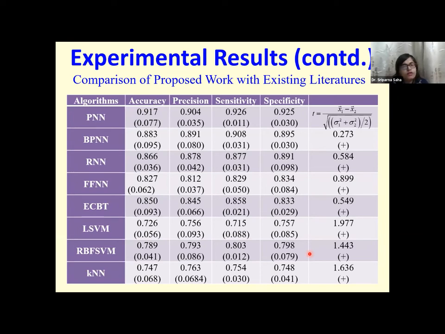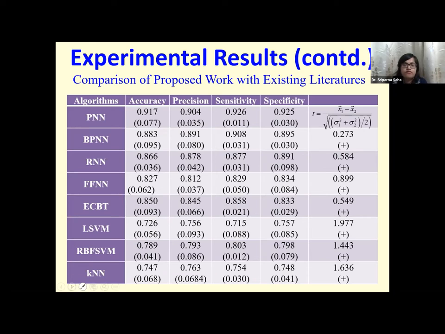So for this particular architecture, the PNN, probabilistic neural network, we have replaced PNN with BPNN, that is back propagation neural network, RNN, recurrent neural network, FFNN, that is feed forward neural network, ECBT, that is ensemble classifier based tree, LSVM, linear SVM, RBF SVM, radial basis function SVM, and KNN, that is K nearest neighbor.